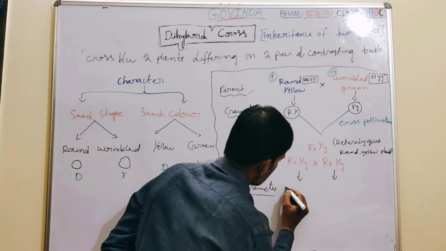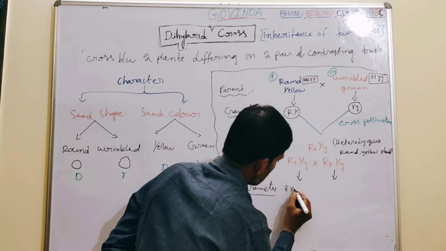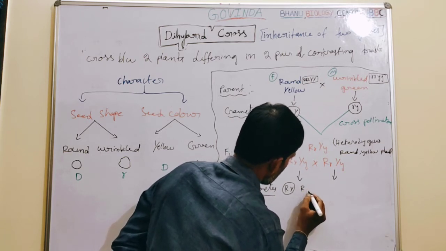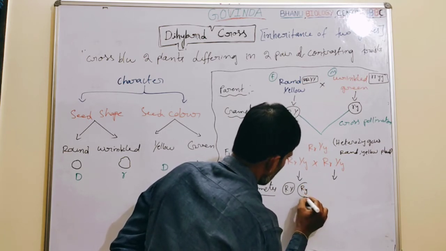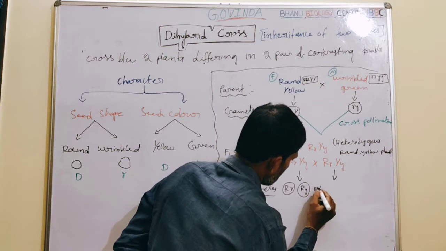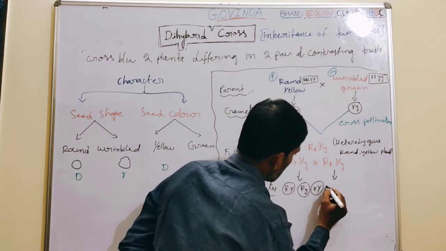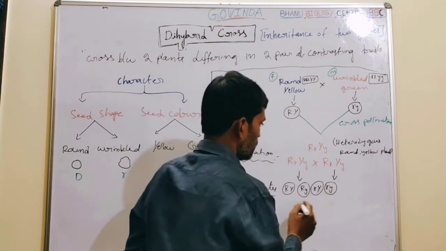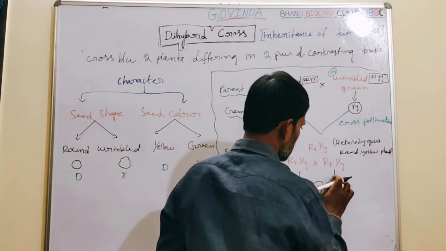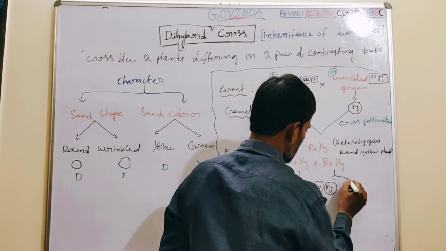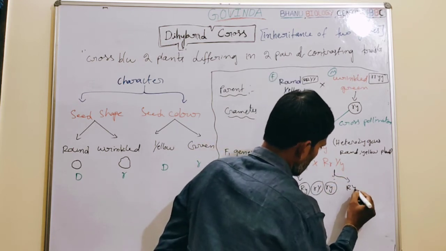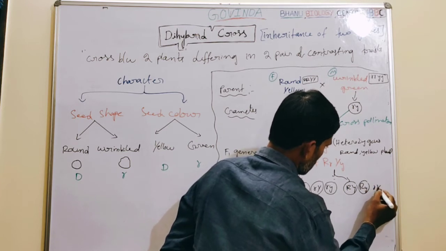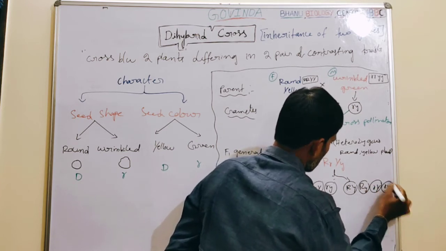One is capital R, capital Y. Another one is capital R, small y, then small r, capital Y. Another gamete containing small r, small y. This plant also produces the same gametes: capital R, capital Y, capital R, small y, small r, capital Y, small r, small y.